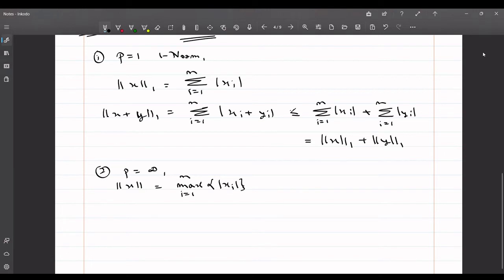So the norm of x plus y will be given as the maximum over i equals 1 to n of mod of xi plus yi. Again we can separate it.